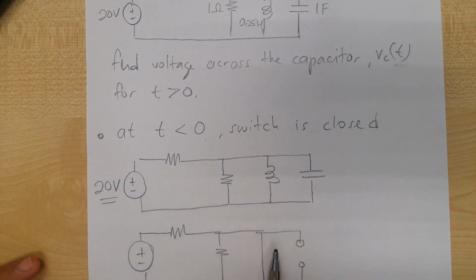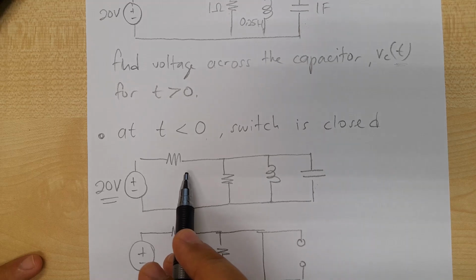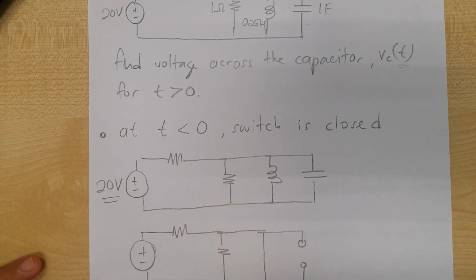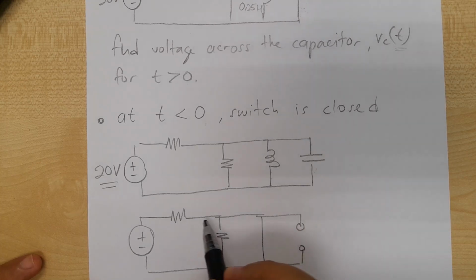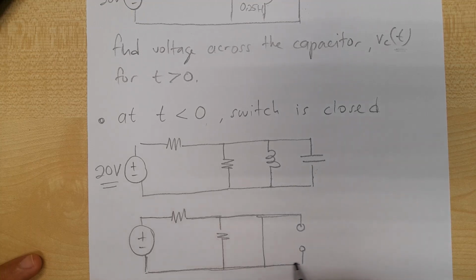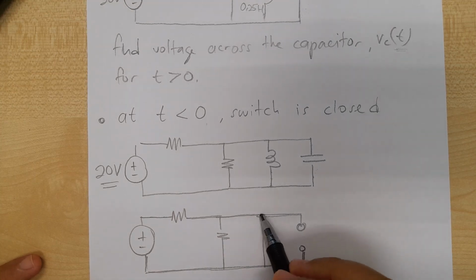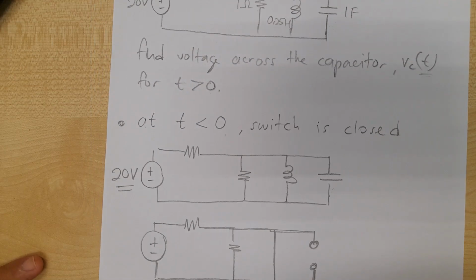So now we are trying to determine what is the initial condition for the inductor and capacitor. Since the switch is closed, the inductor is shorted, the capacitor is open.